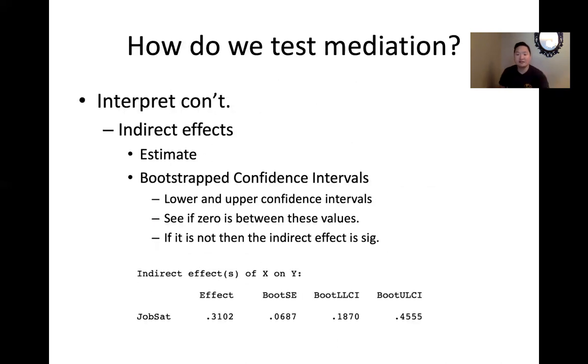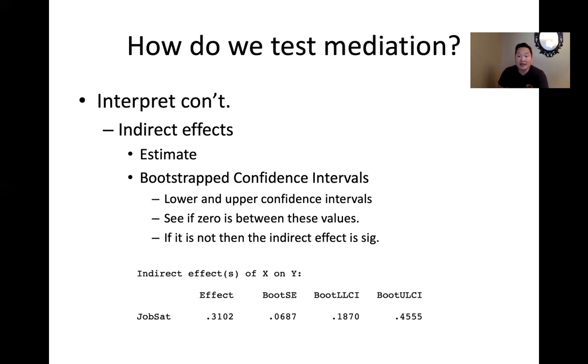Here's the easiest way to tell whether or not this is significant. You can make a line, write it out and see, is 0 in here? In this case, 0 doesn't fall between 0.18 and 0.45. Let me give you a hint though. Here's an easier way to do it.